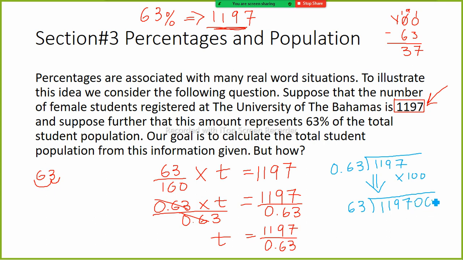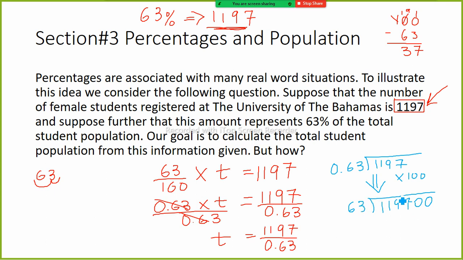All right, so what we have is 63 dividing 119,700. And so now we ask ourselves, how many times does 63 go into 119,700? Okay.